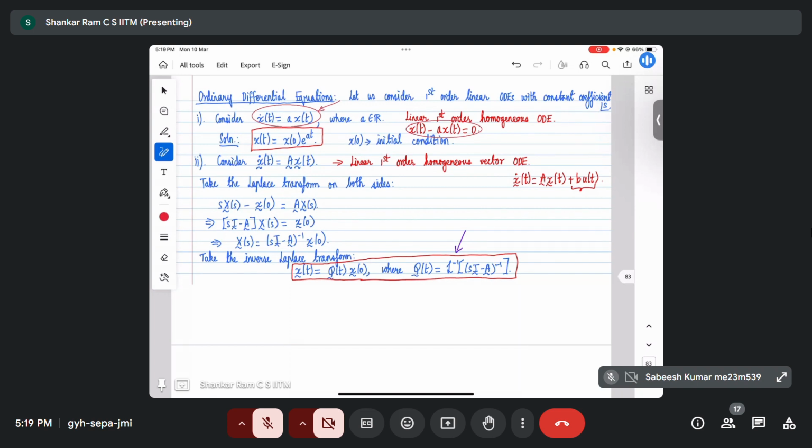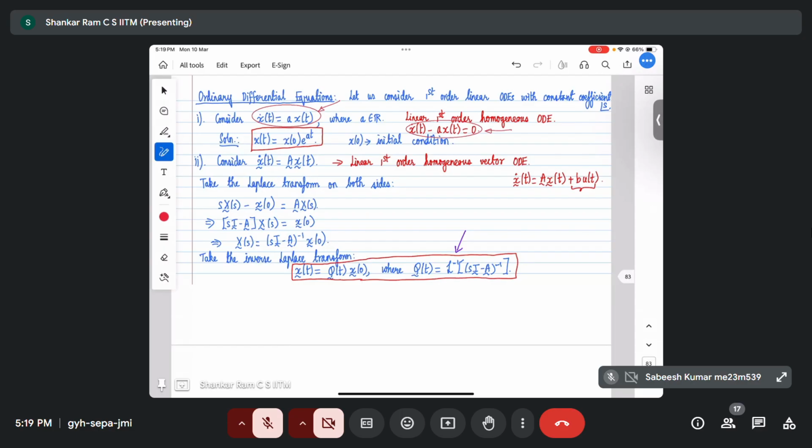That is a homogeneous ODE. I hope the physics behind homogeneous ODE is clear. Once we understand that, the mathematics becomes simple. You take everything to the left hand side and the right hand side becomes 0. That's how typically we explain homogeneous ODE, but I hope the important difference is clear, right? Okay.